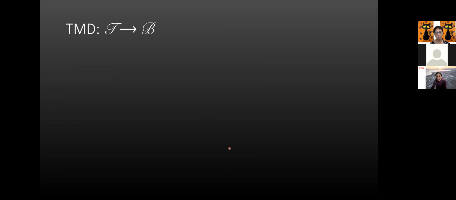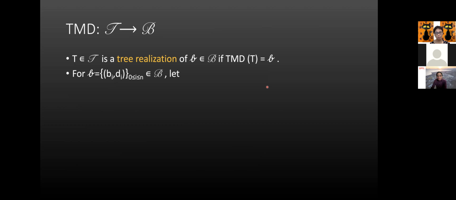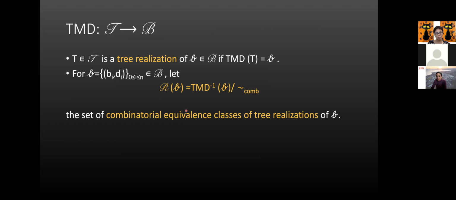So the TMD now is just a map from the set of geometric trees to the set of barcodes. It's nice to think about it in a functional way like that. And we'll say that a particular geometric tree is a tree realization of a strict barcode if the TMD, the associated barcode of that tree, is exactly this barcode B. And given a barcode with bars B_i, D_i, what we'll call R of B is the set of combinatorial equivalence classes of realizations.